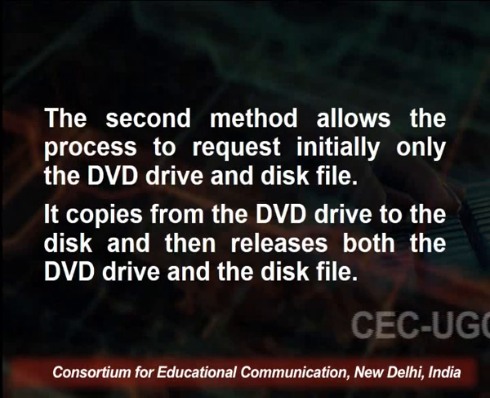So initially the process is given the DVD drive and the disk file. It copies from the DVD drive to the disk, and then releases both resources. Then it again requests the disk file and the printer, and after copying the disk file to the printer, it releases the two resources and terminates.